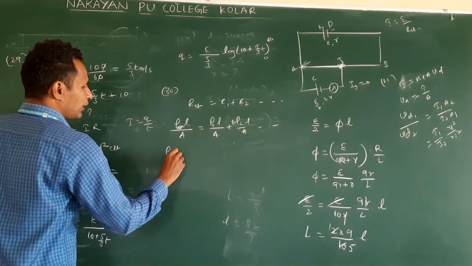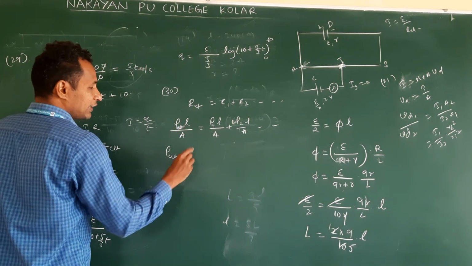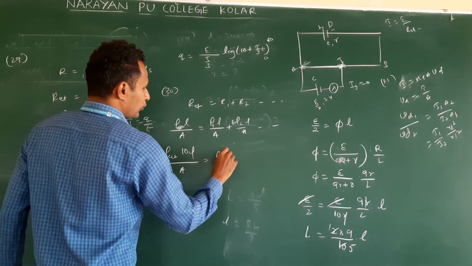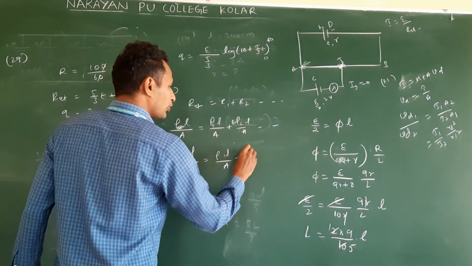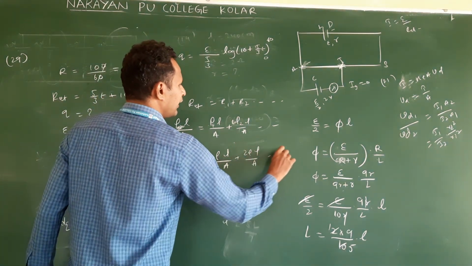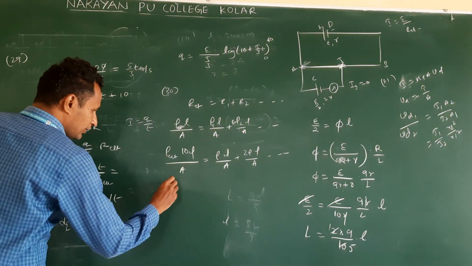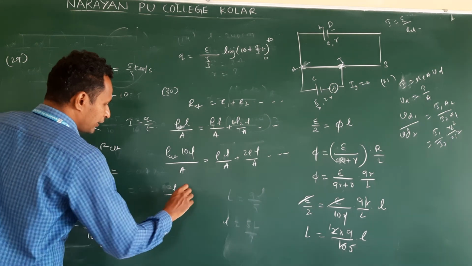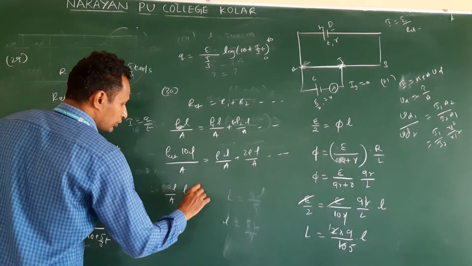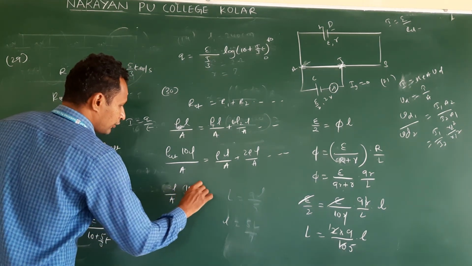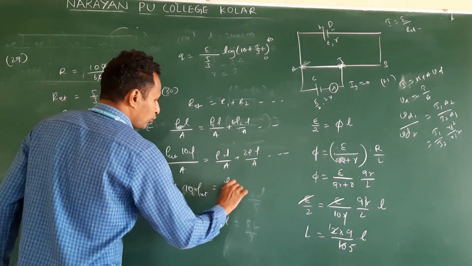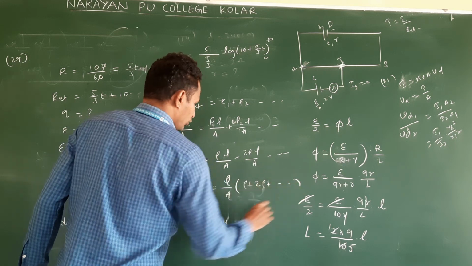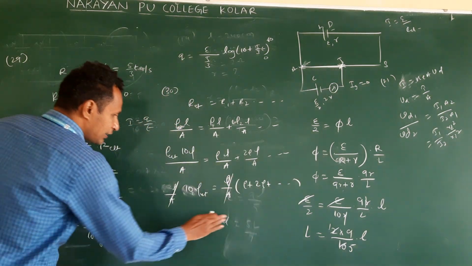On the left, rho effective as it is; how many lengths are connected? 10. So 10 into L by A as it is. Rho 1 is rho L by A, plus rho 2 is 2 rho L by A and so on. In this, L by A is common, so it cancels.